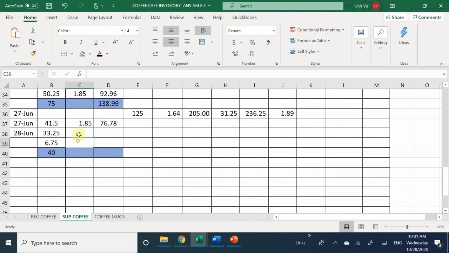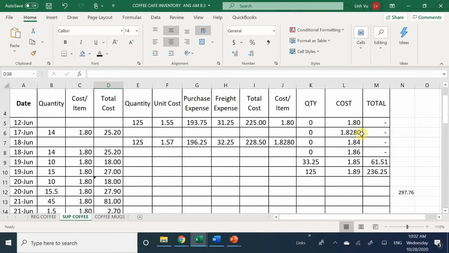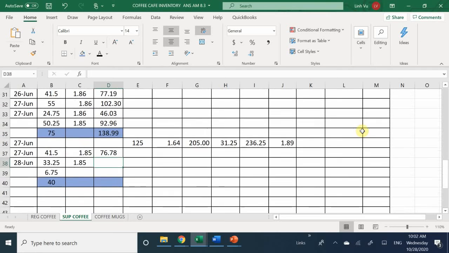All right. So from the first one, we know we're taking the whole batch here. At $1.85, that's 61.51.